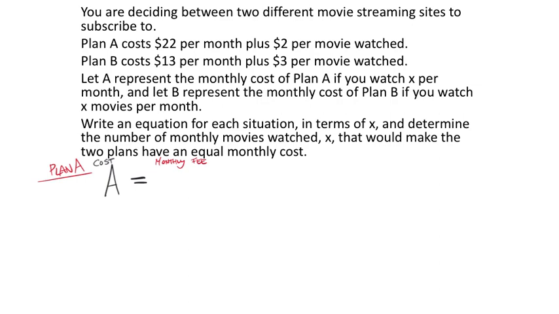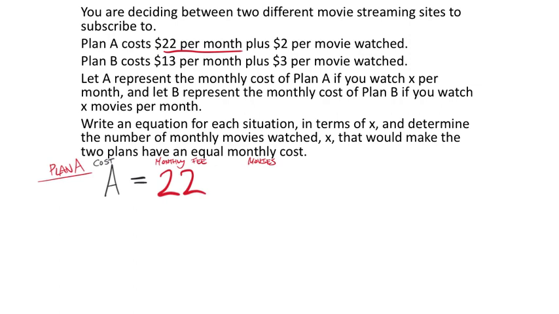Because again, if you don't watch any movies, you still have to pay that monthly fee. So then I'm just going to put movies. All right, do we know these values? Well, we know the monthly fee. They told us up here at the top. Monthly fee, they didn't say fee, but it's $22 per month. Maybe it's some kind of subscription fee or something like that.